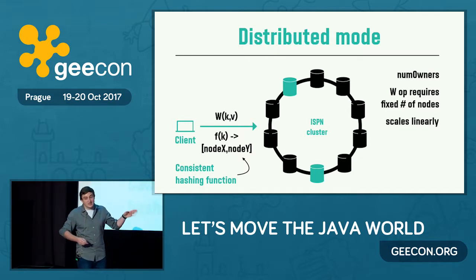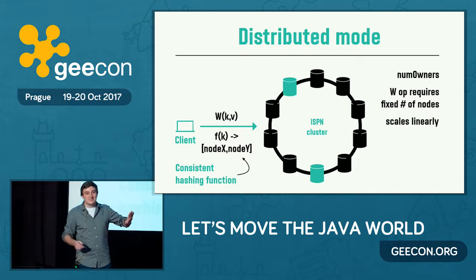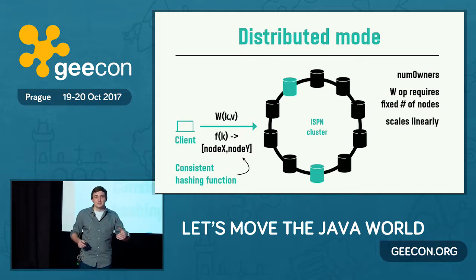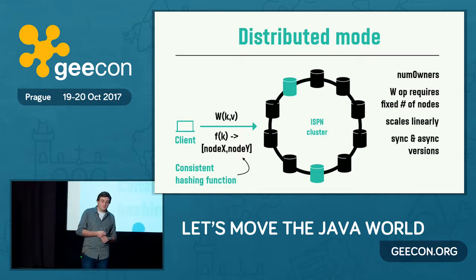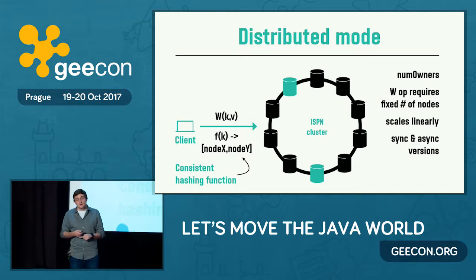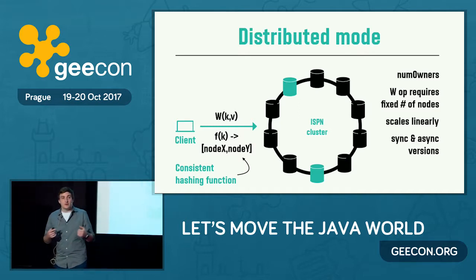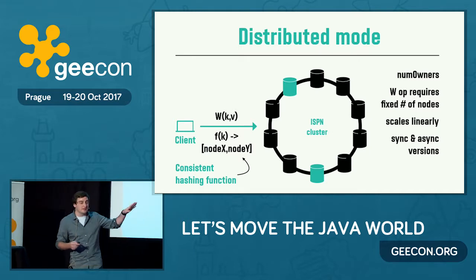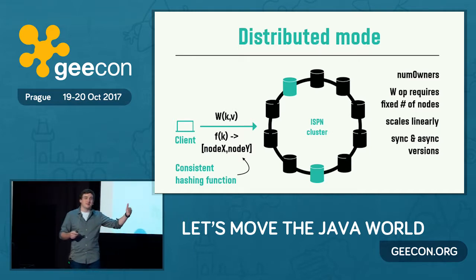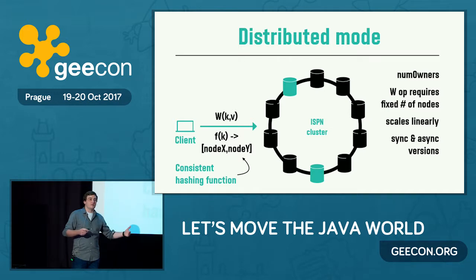This basically means that Infinispan scales the write operations linearly to pretty big sizes of the cluster. It has synchronous and asynchronous versions of the write operations, where the asynchronous version will wait for just one node to accept the write, and the synchronous version will write to all nodes that are supposed to acknowledge the write operation.